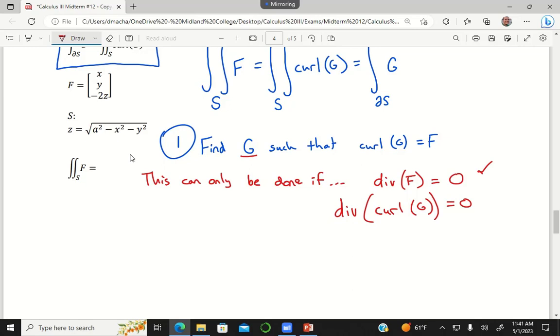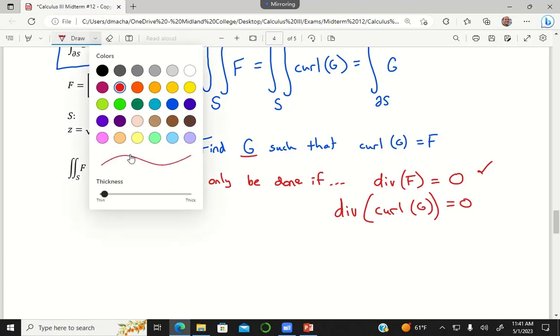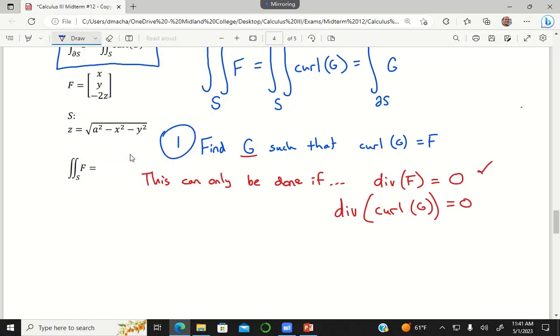continue here. So we're trying to find a vector field G such that the curl of G is equal to x, y, negative 2z.